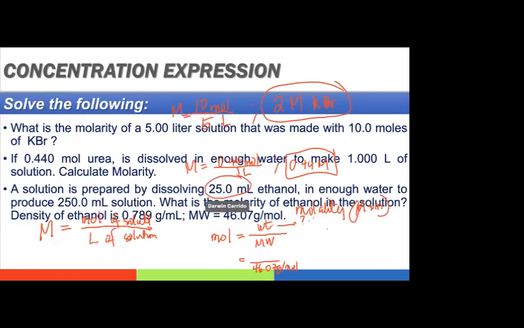Volume, 25 ml. Ang goal mo is ma-convert yung 25 ml na yan to gram using the density. So I will multiply this by its density, which is 0.789 grams per ml. So makakancel yan ml na yan. Ilan ang weight in grams ng ethanol? 25 times 0.789 grams per ml.